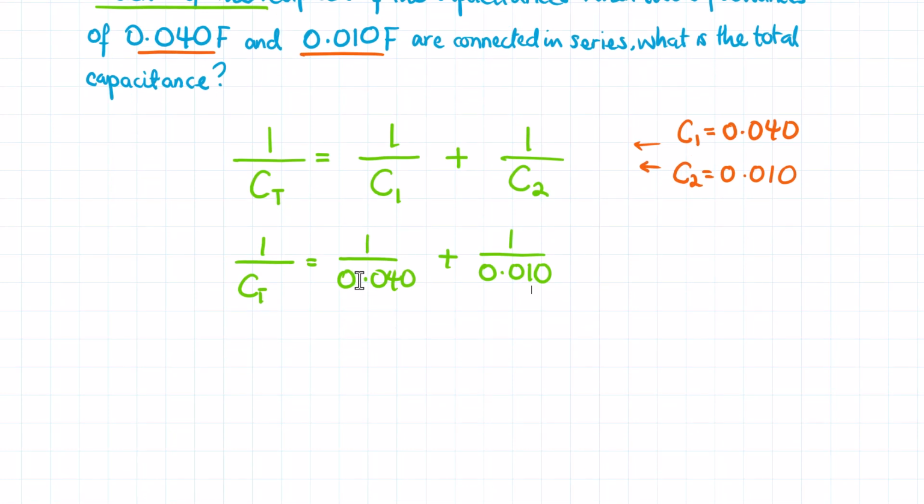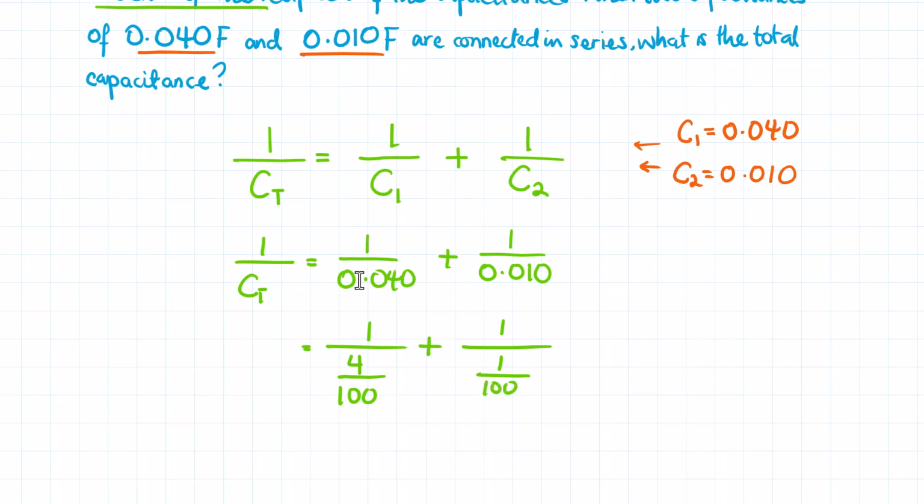To accomplish that, we have 1 over 4 over 100, plus 1 over 1 over 100.